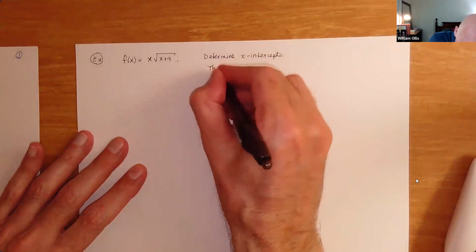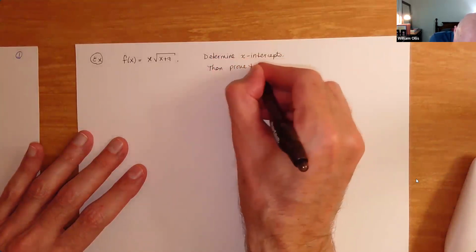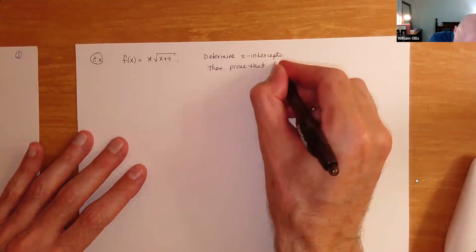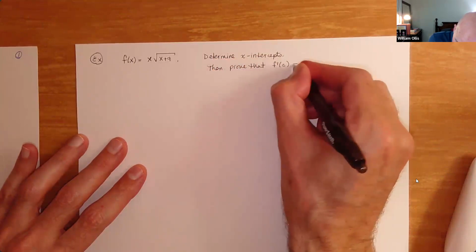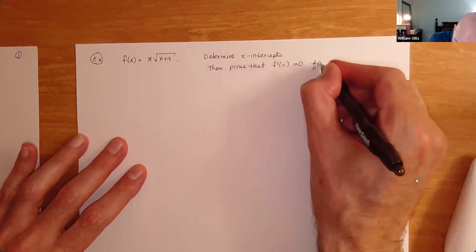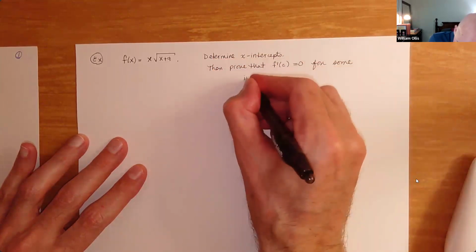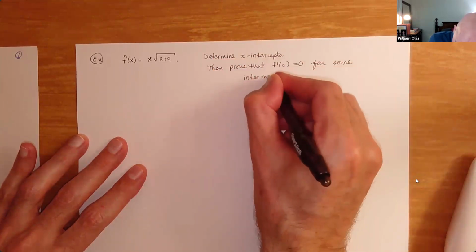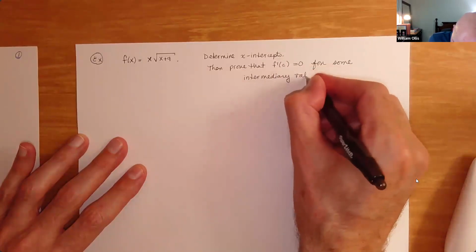Then prove that f prime of c equals 0 for some intermediary value in the domain.